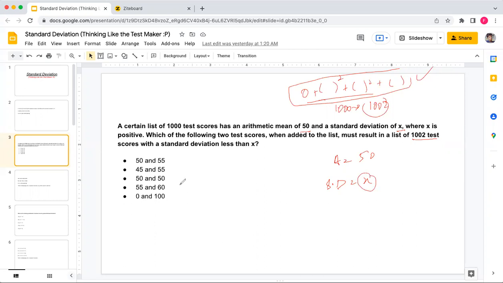That is only possible when you are adding both values equal to the average, right? If you add any other number, there will be an increase in standard deviation because some deviation is added, and that's why the standard deviation will not decrease.